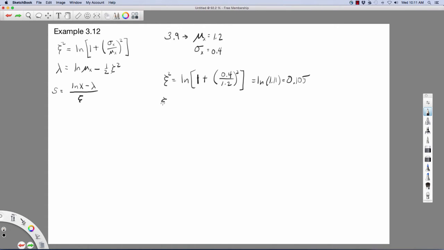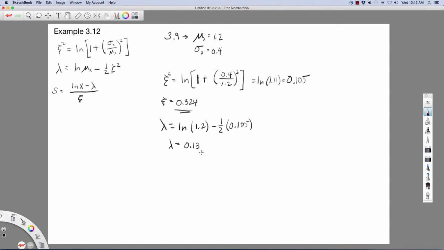Therefore, zeta, the square root of that, is 0.324. For lambda, we use this relation. Lambda is the natural log of the mean, which is 1.2, minus 1/2 zeta squared, which was 0.105, and this gives us a lambda of 0.13.